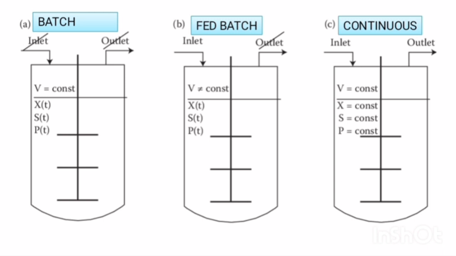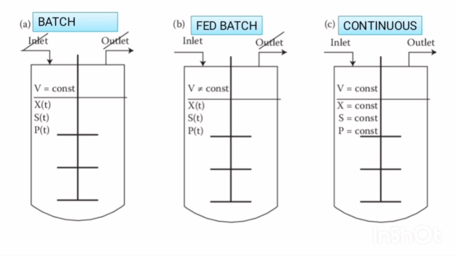In batch fermentation, we provide nutrient medium, microorganism and everything at the starting time and collect the product at the end of the process. In the case of fed batch fermentation, we provide a little amount of substrate at several times and collect the product at the end of the process.